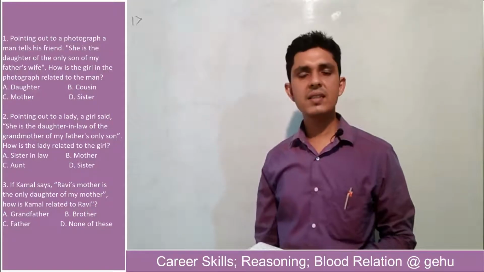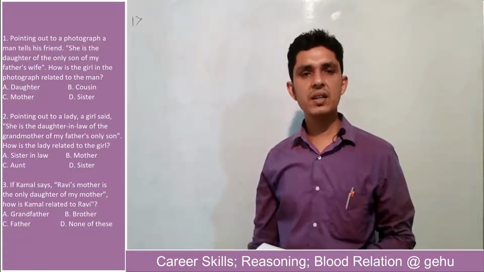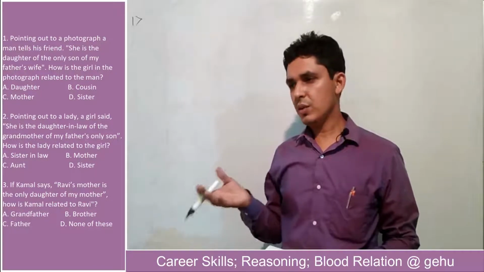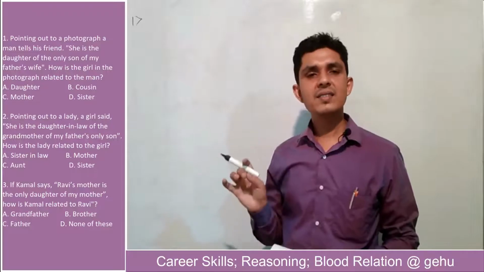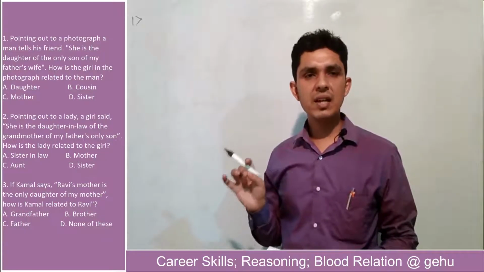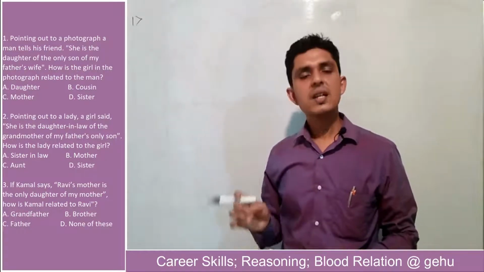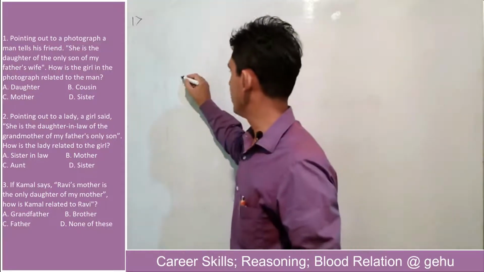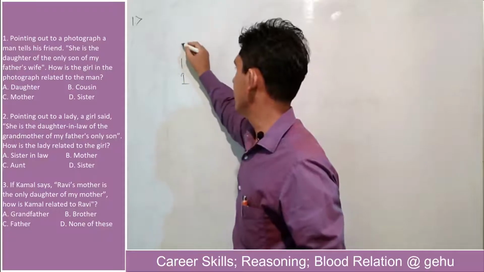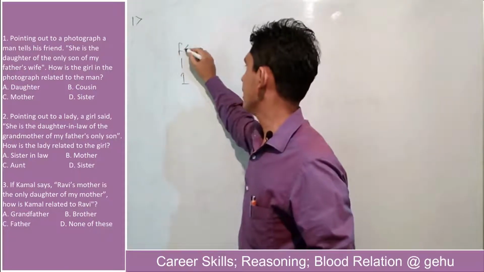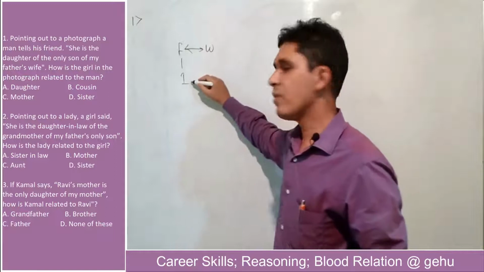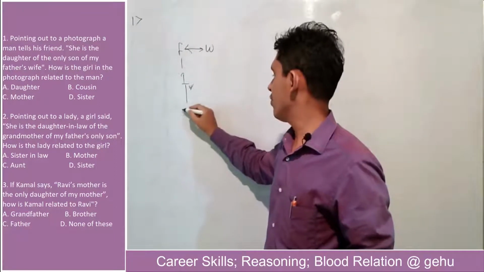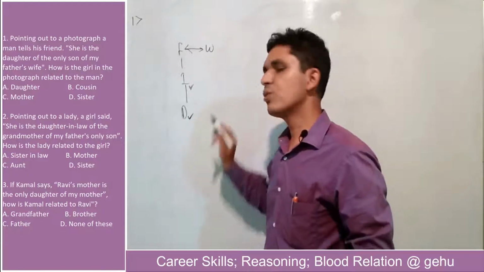So friends, as I discussed when we were dealing with the tree, we start with I. For any statement, any arrangement, I have to start with I. So the question is, she is the daughter of only son of my father's wife. I start with I, my father, my father's wife, only son of my father's wife, that means I itself, and the daughter of, that means I am talking about my daughter.